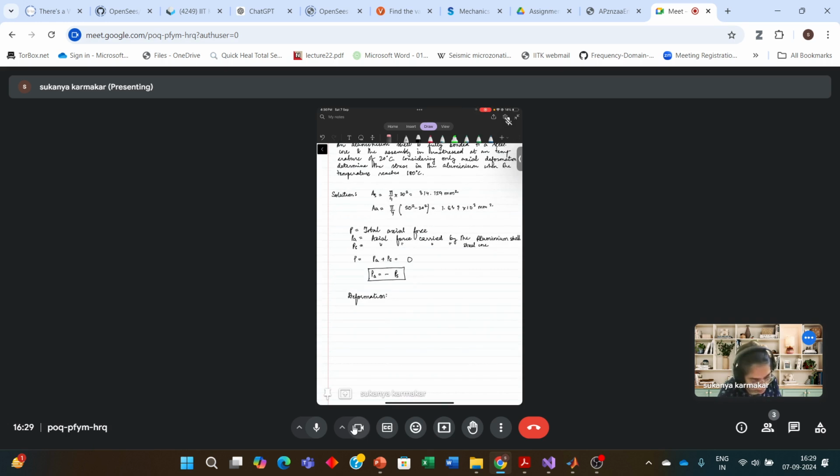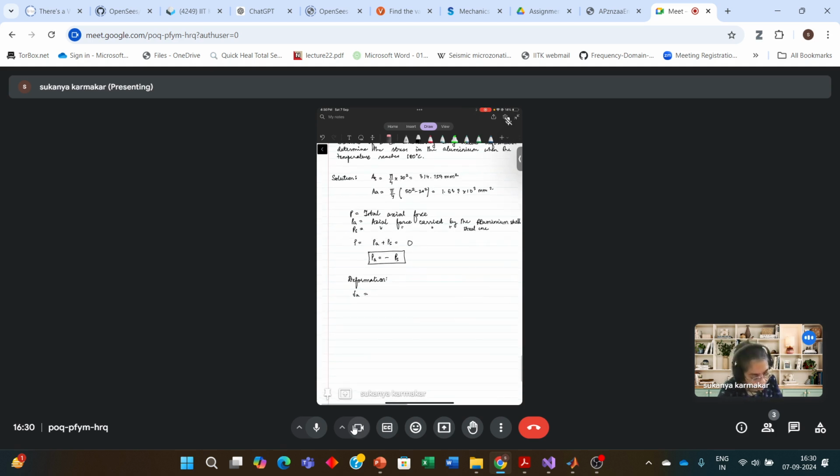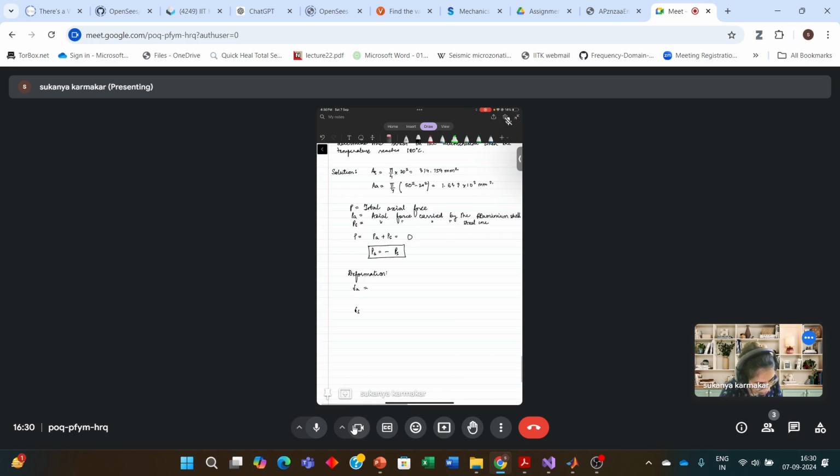So let me call delta A the deformation in aluminum, and delta S the deformation in the steel core.